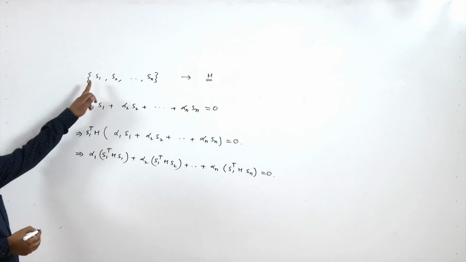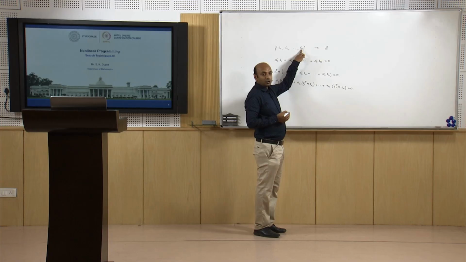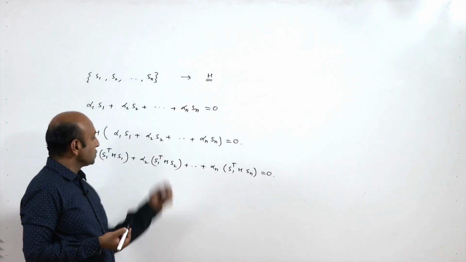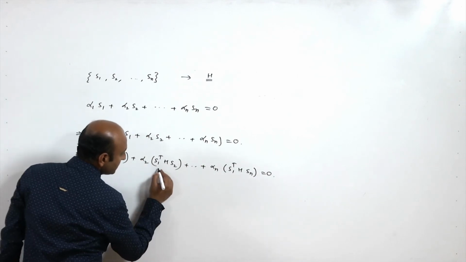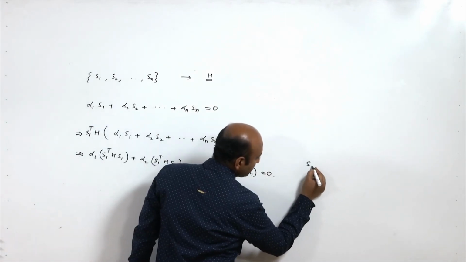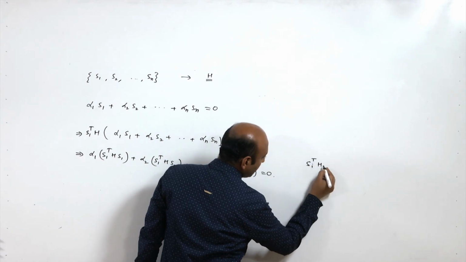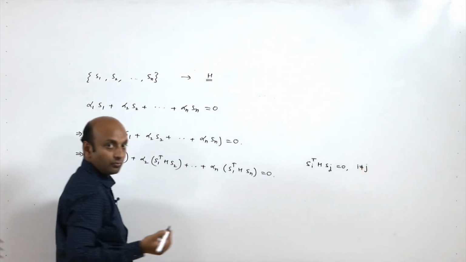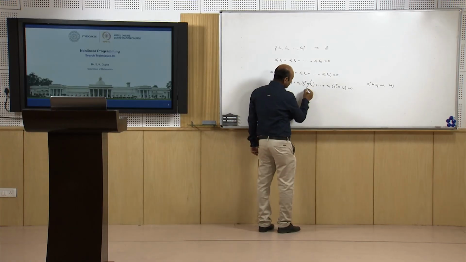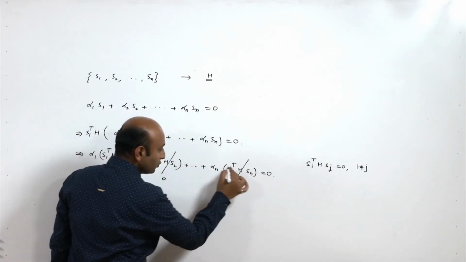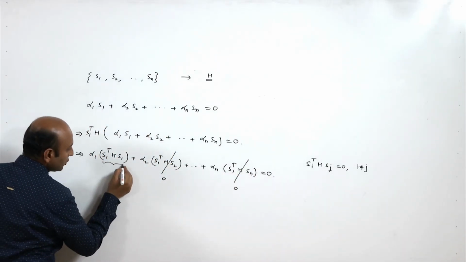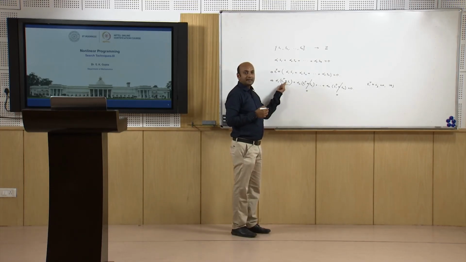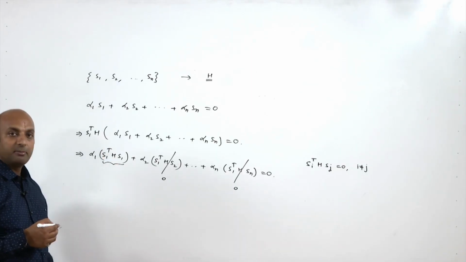Now, since S1, S2 up to Sn are conjugate directions with respect to a fixed positive definite matrix H, Si transpose H Sj equals 0 if i is not equal to j. This means all other terms are 0, and only this value will be non-zero. And since H is a positive definite matrix, S1 transpose H S1 will be strictly greater than 0.